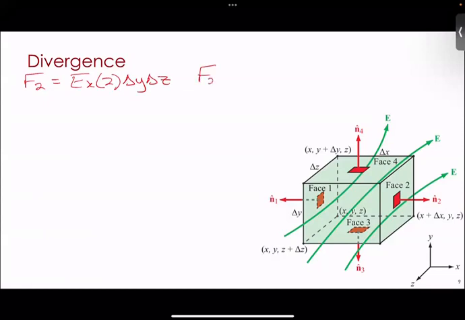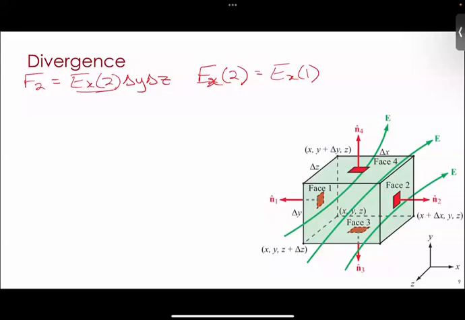We could also write another equation for Ex at 2. Let's remind ourselves what Ex at 1 is. There's some electric field going through this cube. We don't know what it is, but we know roughly what it is at that point.